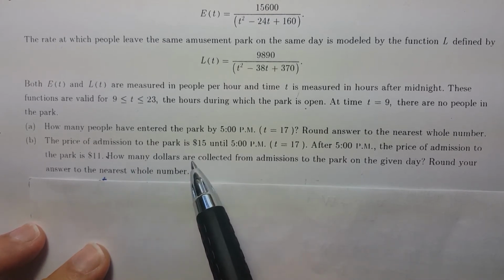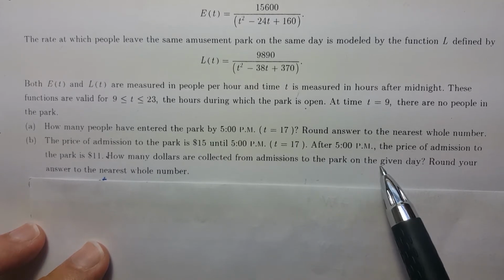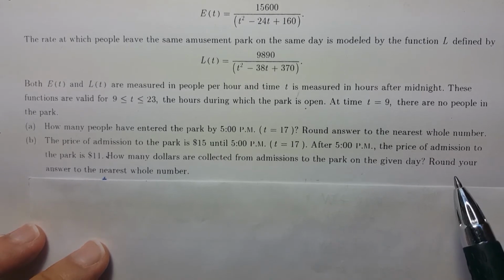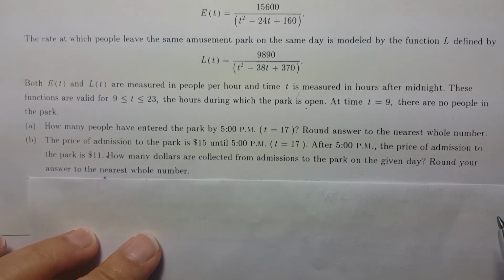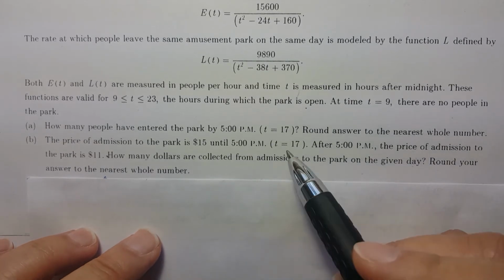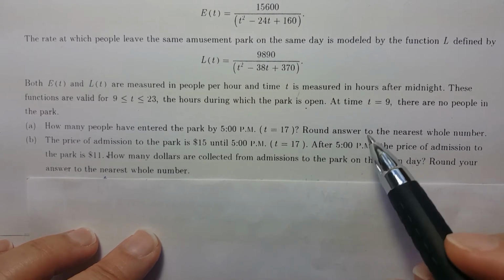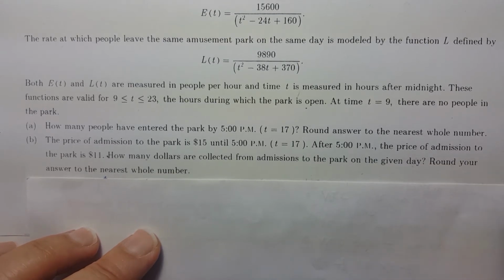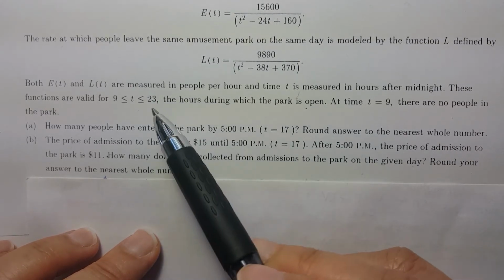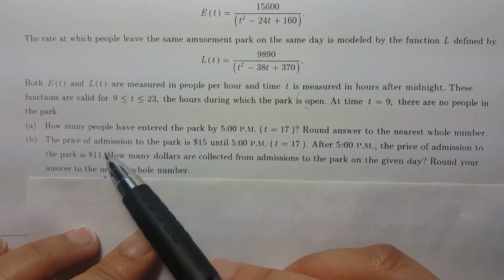How many dollars are collected from admission to the park on the given date? Round your answer to the nearest whole number. So the idea is you have to find out how many people enter the park until t equals 17 and multiply that number by 15. And then you have to find out how many people enter the park from 17 to the end of the day, which is 23, and multiply that number by 11.